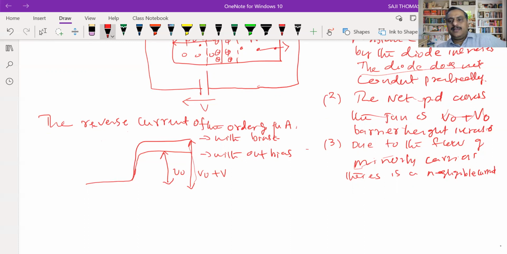In forward biasing, the P section is connected to the positive terminal of the battery, and the N section to the negative terminal of the battery. During forward biasing, the width of the depletion layer decreases, barrier height decreases, and current is of the order of milliamperes. The diode offers a very small resistance. When the applied forward voltage increases, the resistance becomes negligible.